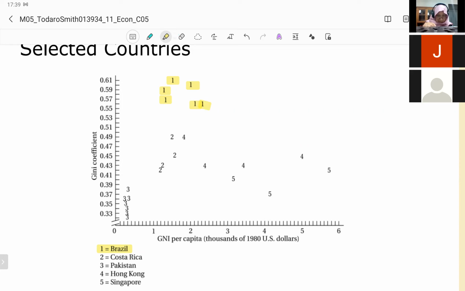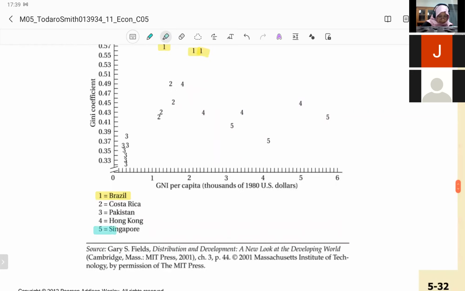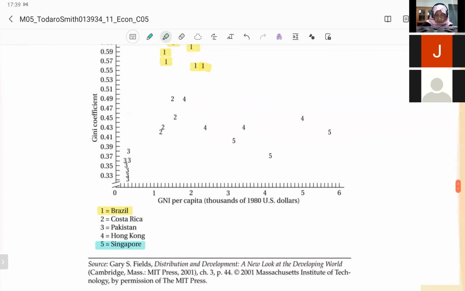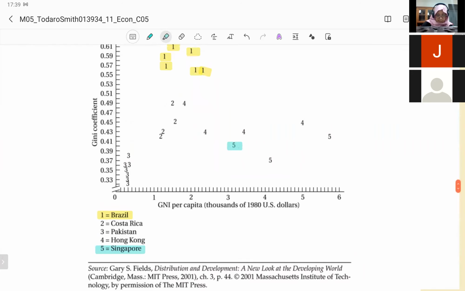Let's take a look at Singapore, for example. Singapore is number 5. So Singapore starts here. And then as they get richer, it seems like their Gini coefficient was lower. And then as they grow even further, their Gini coefficient goes up.